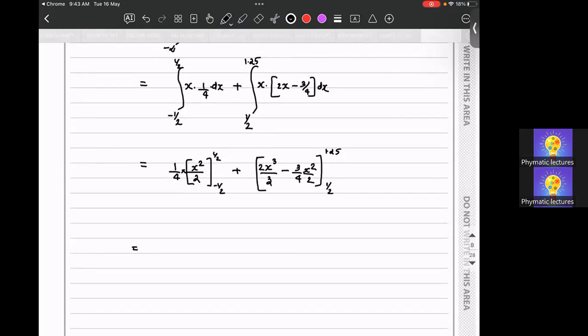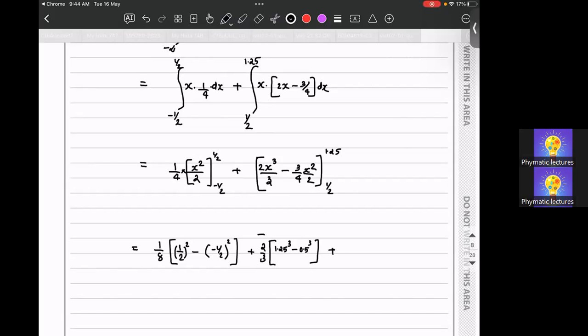Then you apply the upper limit and lower limit. So 1 by 4 into 1 by 2, we can take 1 by 8 common: 1 by 8 into 1 by 2 whole square minus minus 1 by 2 whole square, plus 2 by 3 we can take outside: 2 by 3 into 1.25 whole cube minus 1 by 2, which is 0.5, right? So 0.5 whole cube.